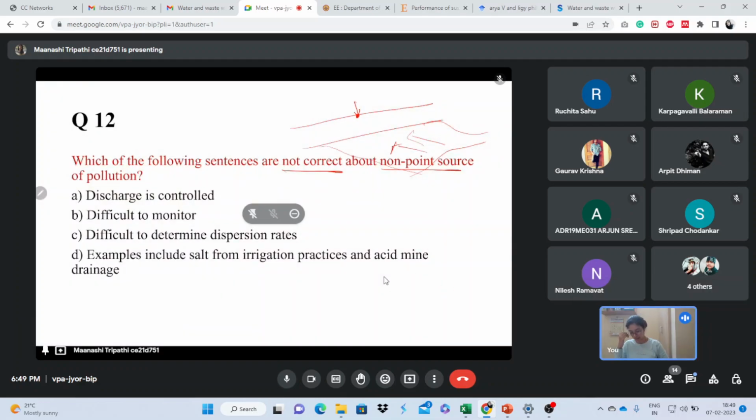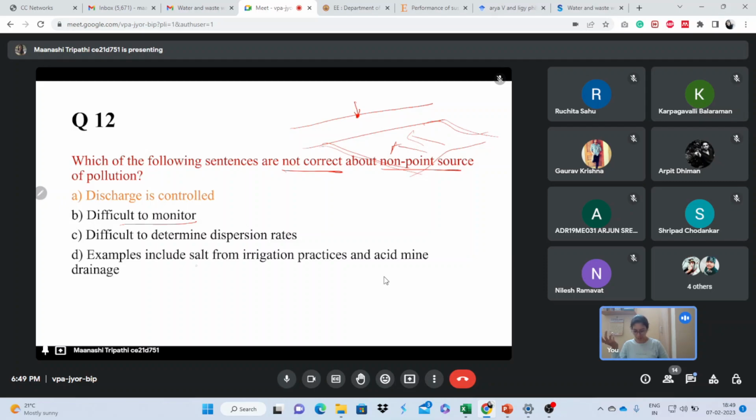Let's see the answer. The answer is discharge is controlled. So this is the only incorrect statement. It is of course difficult to monitor because we don't know from where it's coming. It's coming from a very big area. Difficult to determine dispersion rate: at what rate it is coming, at what rate the pollutant present in the system is dissociating or integrating, we don't know.